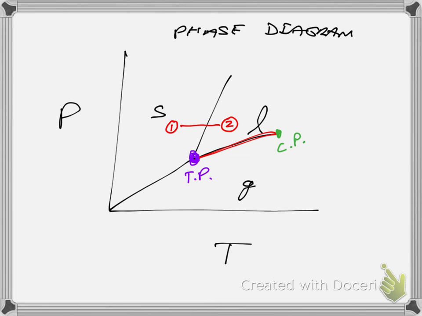All right, so as it goes from 1 to 2, you can imagine that's a constant pressure. So if the pressure doesn't change and you raise the temperature from state 1 to state 2, then what would you expect to happen? Well, at first, the temperature of the solid would rise, and then once it got to that transition line, at that pressure and temperature, the temperature would stop rising, and it would undergo heat of fusion, right?